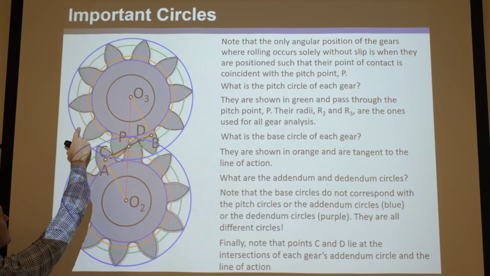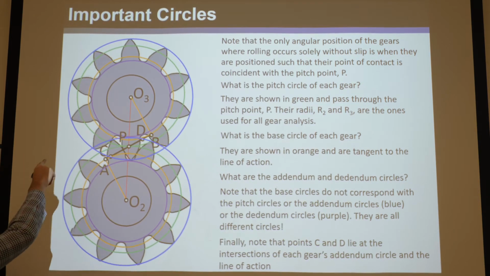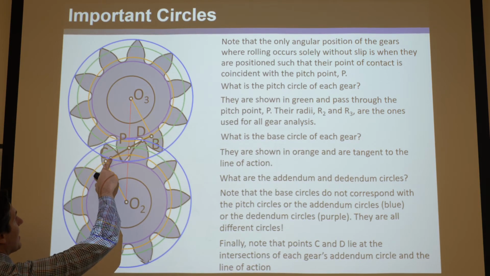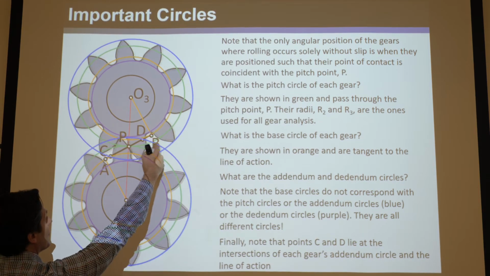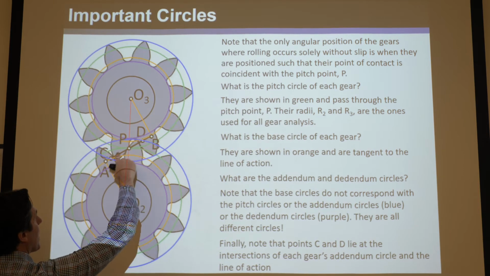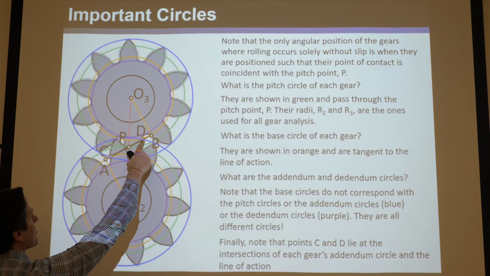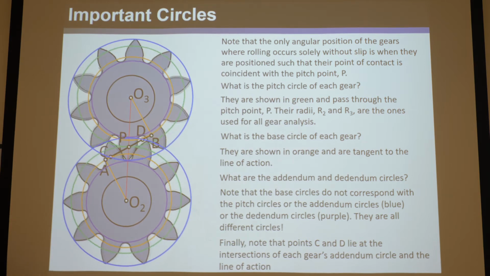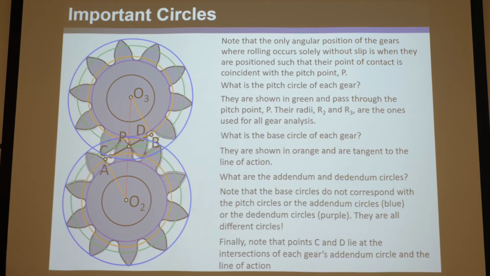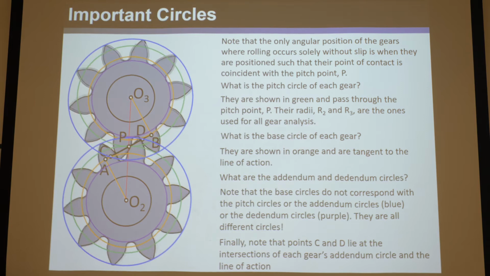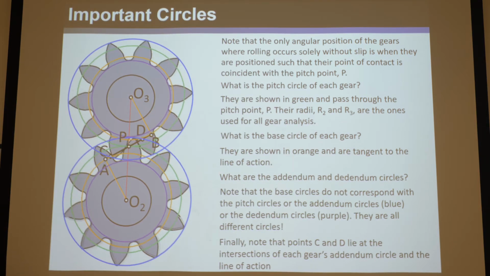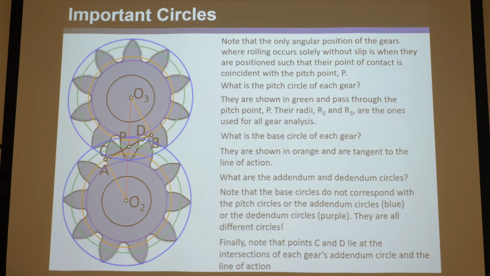So they'll obviously first touch right at the tip of them. The addendum, that's where they'll first make contact, and then the addendum of this circle and the black pressure line is D. That's when they'll release. Okay, and that's obvious. That's when the gear starts, and that's where the gear ends. Okay, but it's a nice insight. You want to remember the line of action where it intersects the addendum circles defines the C and the D point.